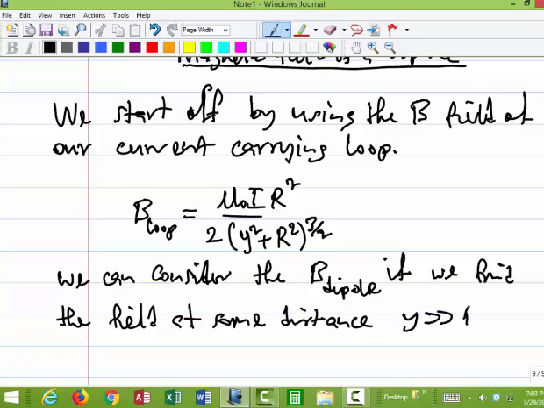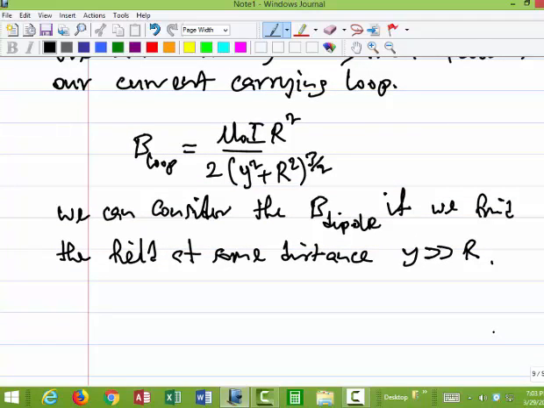If our point is at distance y, much greater than the radius of the loop, then the loop is a dipole because it's going to be small. A magnetic dipole is a small current carrying loop, so if we are far away from it, it appears as a very small loop. So we're taking y to be much larger than r.